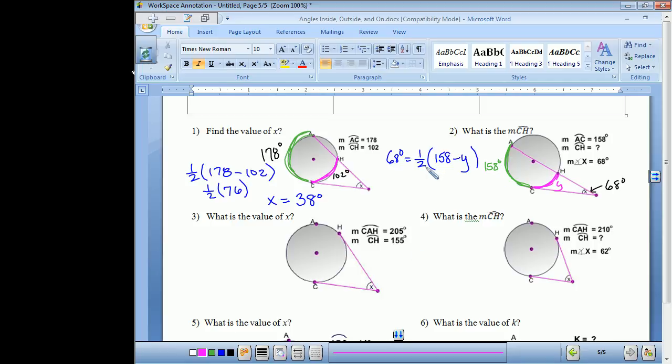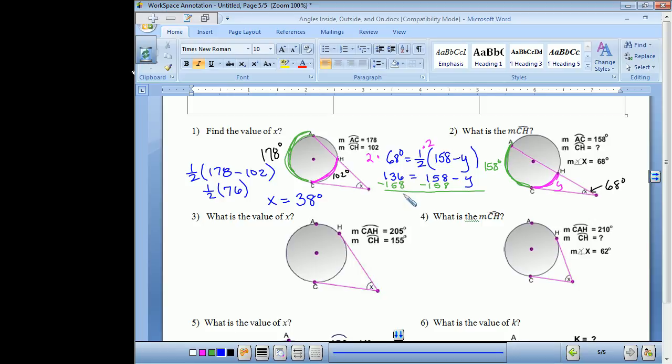Okay, so let's see what we do to solve. We're going to multiply times 2, okay? And that gives us 136 equals 158 minus y. Subtract 158. Now at this point we do get a negative number, but we also have a negative y. Divide by negative, so that's going to work out in the end.